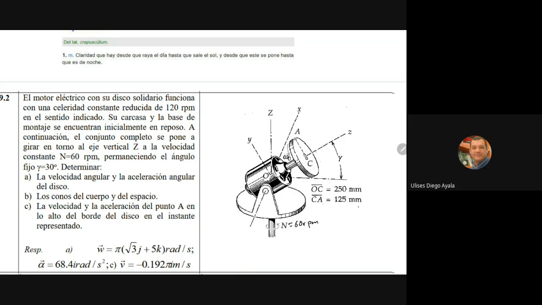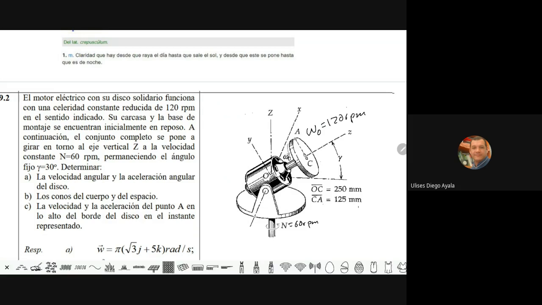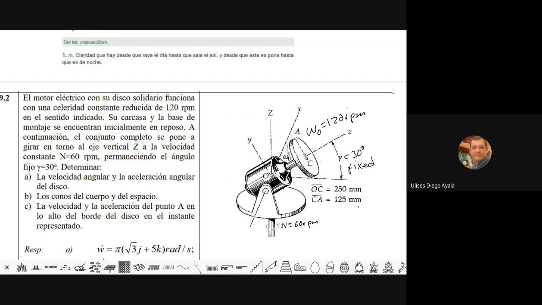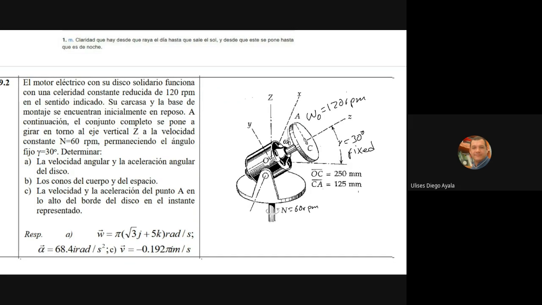And the other rotation, which is the W sub 0, is 120 RPM. So we have this, and this is rotating. This is an electric motor, and it's fixed. This is fixed at 30 degrees. All this is in this subject. It was left in Spanish, in this case, as a reference. Okay, so that's the situation.